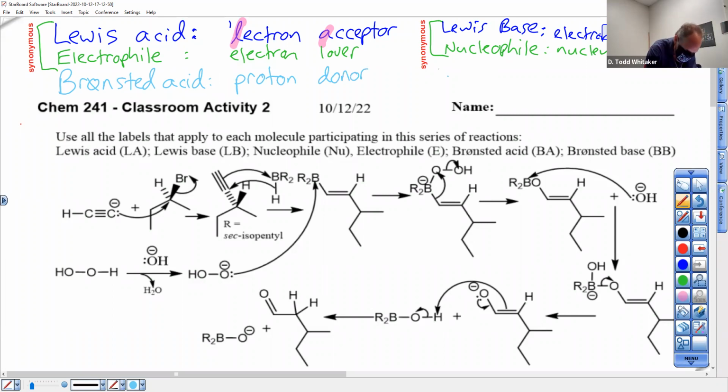And a Bronsted base, proton acceptor. There you go. So we got everything we need to do our label.